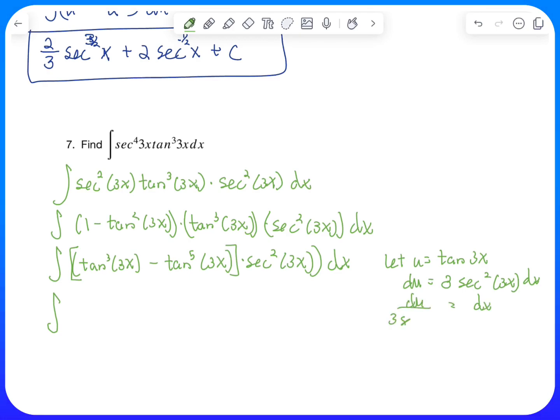And I can replace my dx with du divided by 3 secant squared of 3x. And so the secant squares cancel out. And then I'm left with du over 3. So I can factor out that 1/3, and I have 1/3 the integral of u to the third minus u to the fifth du. That's something easy we can integrate.